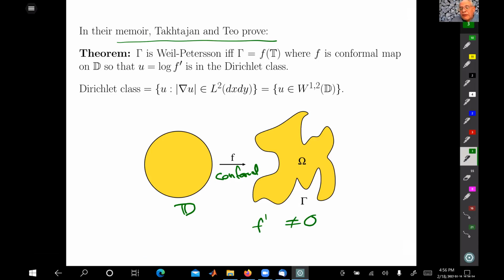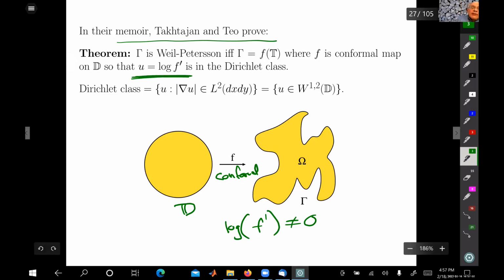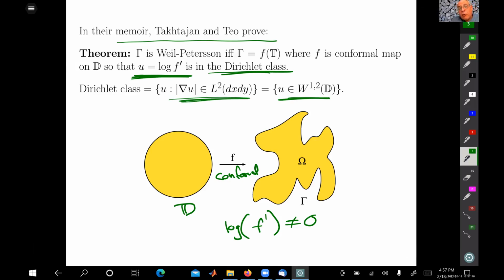Because f prime is not 0, we're allowed to take a log of it. And it turns out that your curve is Weil-Petersson if and only if log f prime is in something called the Dirichlet class, which is just another name for W12, things whose first derivative is in L2. So things whose gradients are in L2. This is a pretty standard Sobolev space, one of the easiest ones. One derivative in L2.